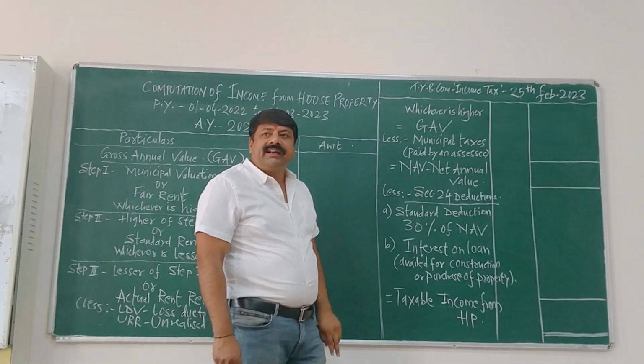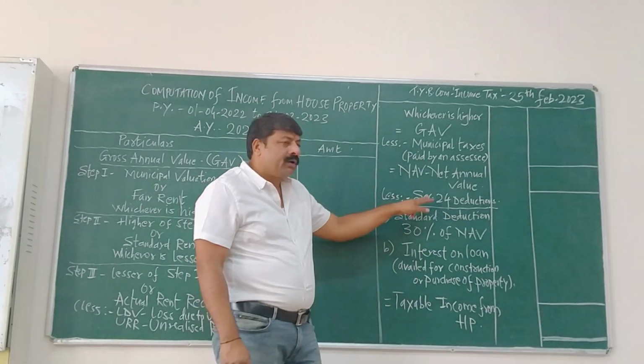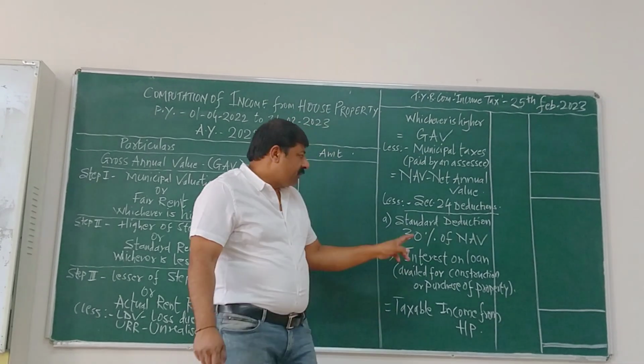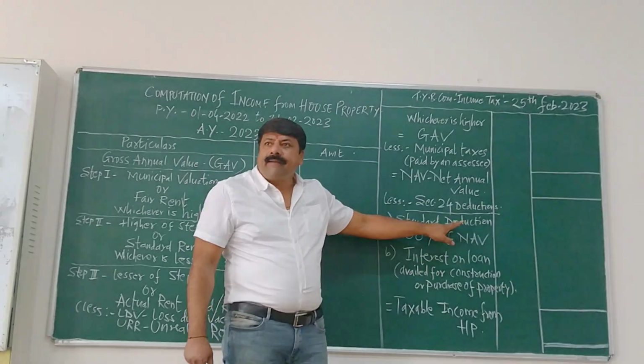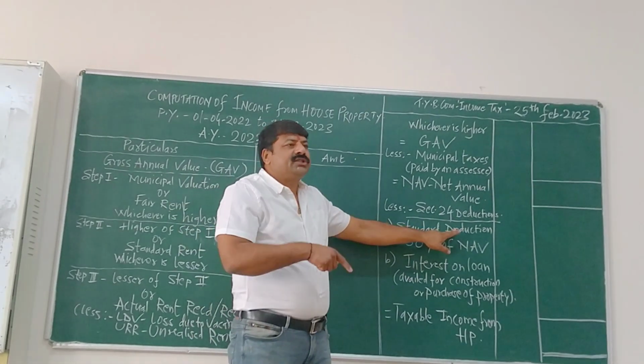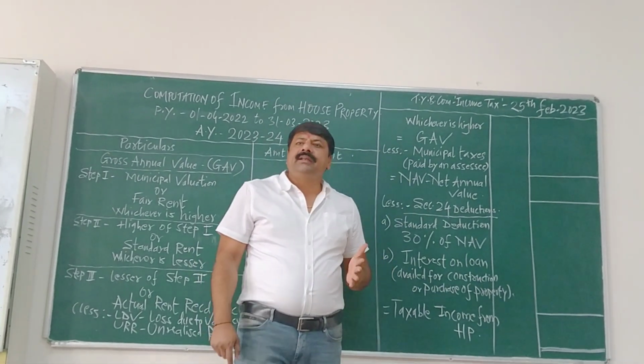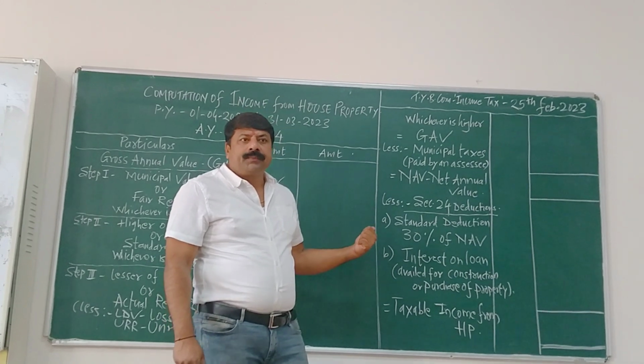Then specific deductions are given under section 24 from net annual value. Only 2 deductions are there. A is standard deduction or statutory deduction, which is 30% of net annual value. Why 30%? It is given in section 24.